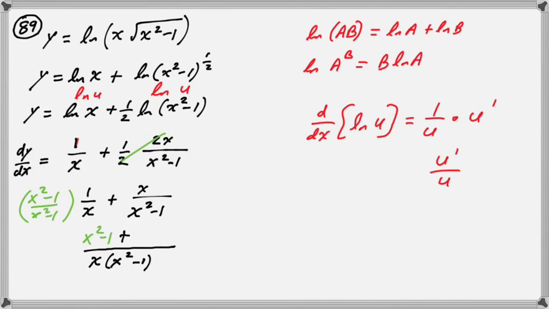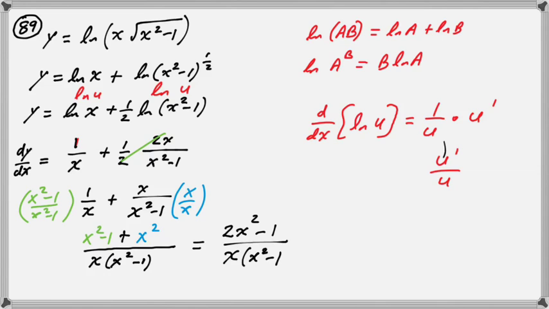This other one needs what? It needs an x, I think, to make the denominator. And x times x is x squared. x squared plus x squared is 2x squared minus 1 all over this. Let me make that a little clearer. x squared minus 1.